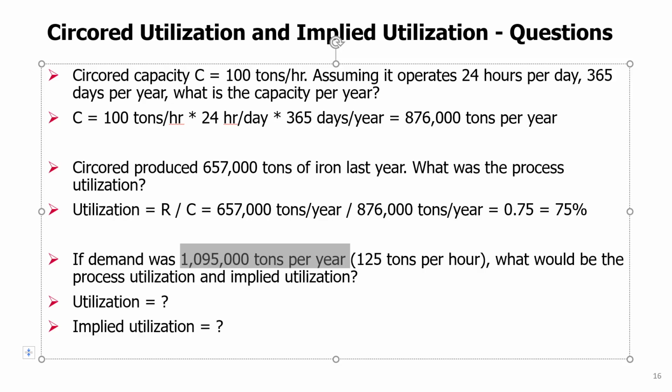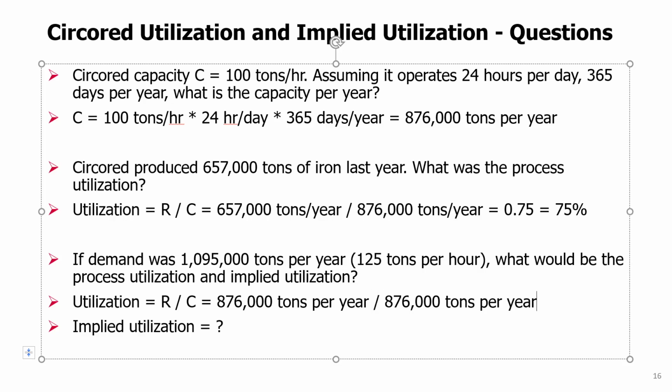So we would be producing at maximum capacity, with flow rate equal to capacity. So the utilization would be 1 or 100%.